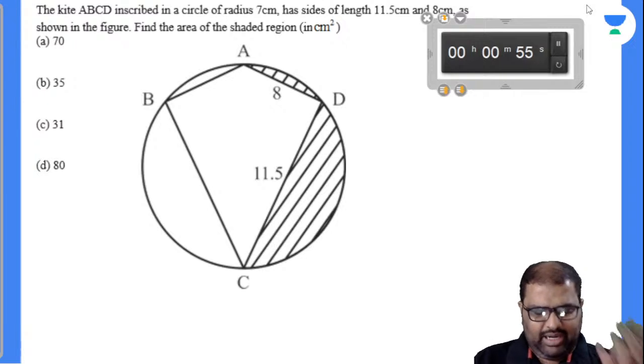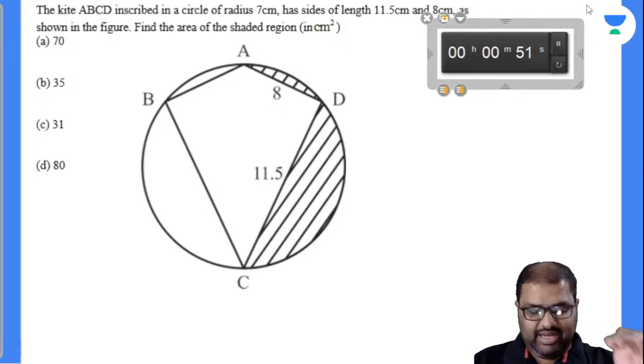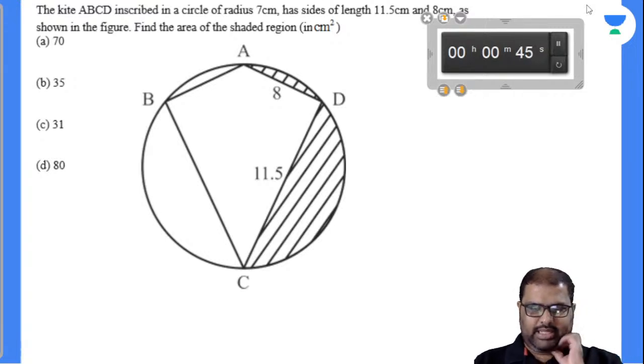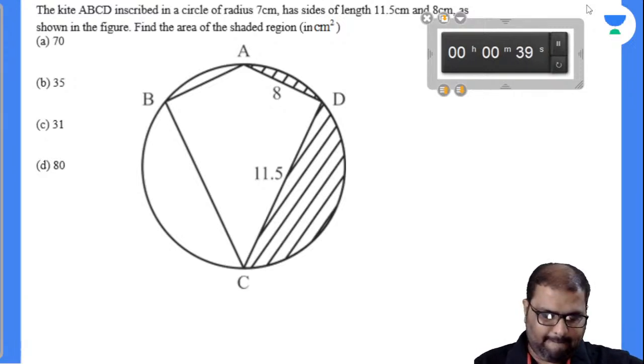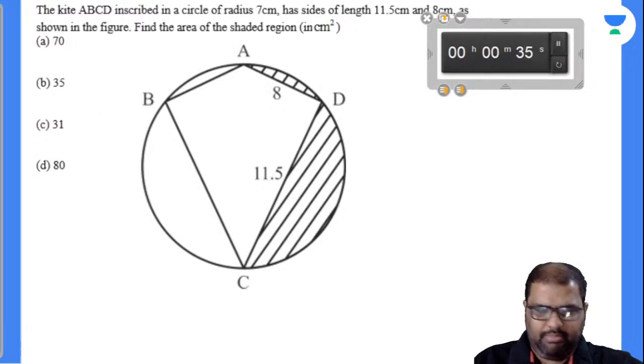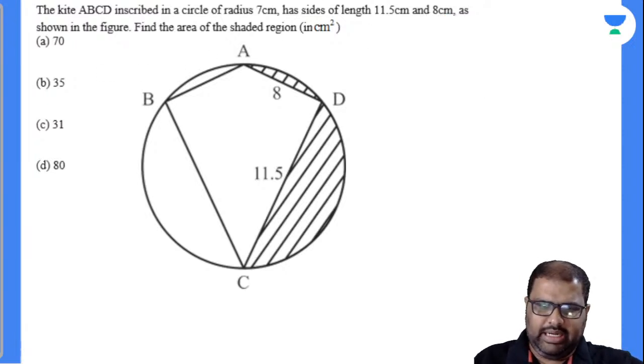Now a kite is a quadrilateral only. Of course it is given as a kite, I accepted. This kite is inscribed in a circle. Prabhat, very good. Excellent. Is it 31 first of all? Very good. So how did you solve it? Prabhat, what is your logic there? I'll explain both the logics that I have with me, then you can decide on your own.